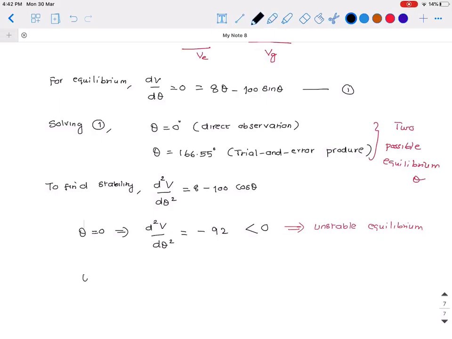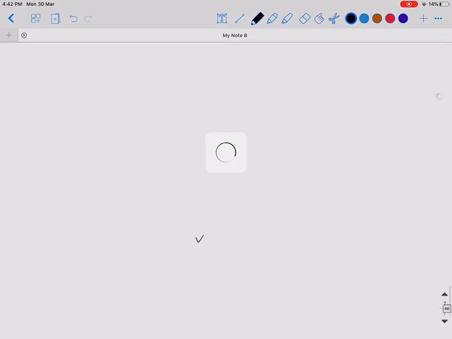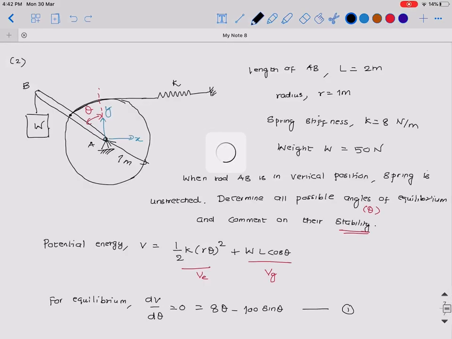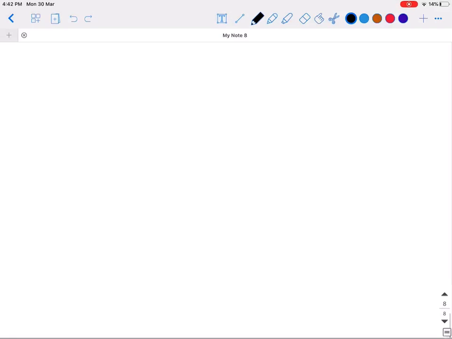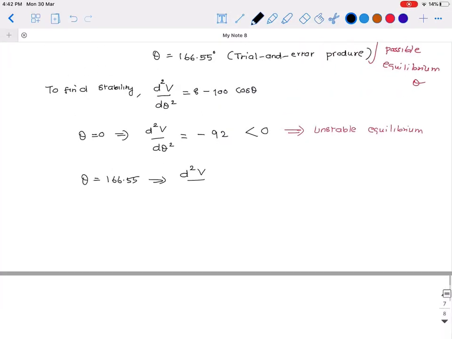When theta is 166.55, d square V by d theta square is 105.25, which is greater than 0. So this is stable equilibrium.